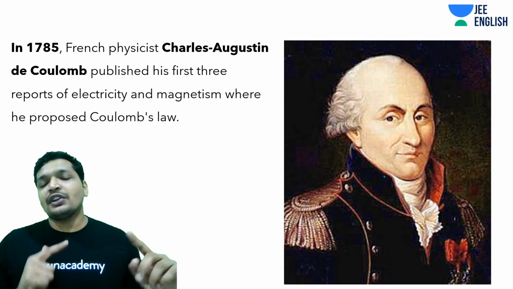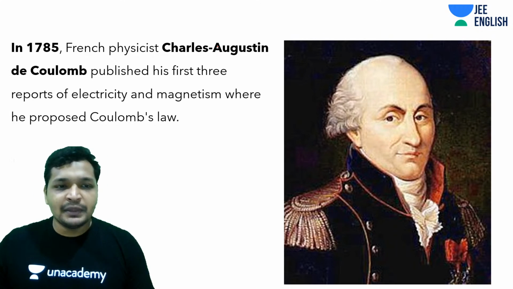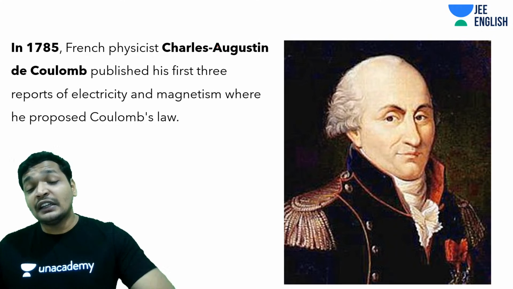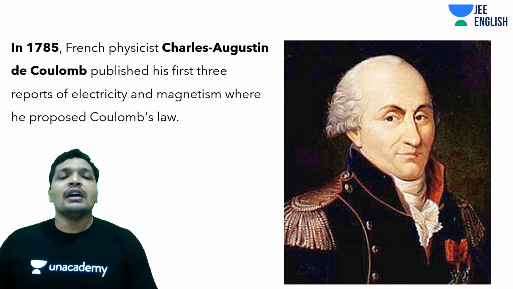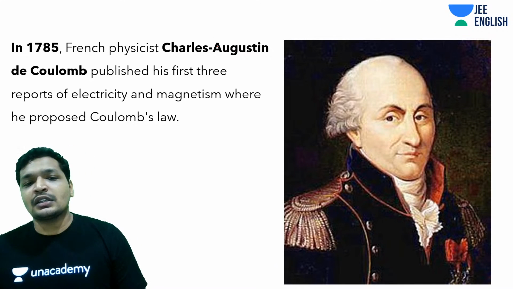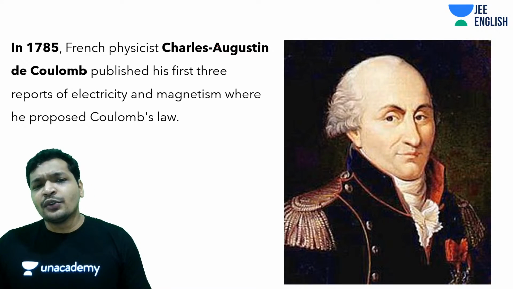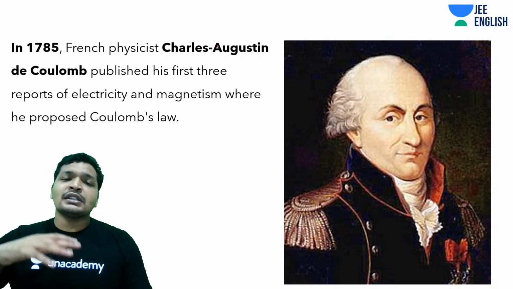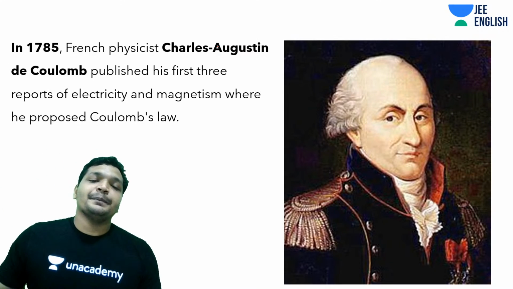Henry Cavendish did not publish it, whereas Coulomb did publish it in the year 1785. In fact, I think Henry Cavendish theorized it even before Coulomb. So Coulomb published the paper first, hence it was all named after him.